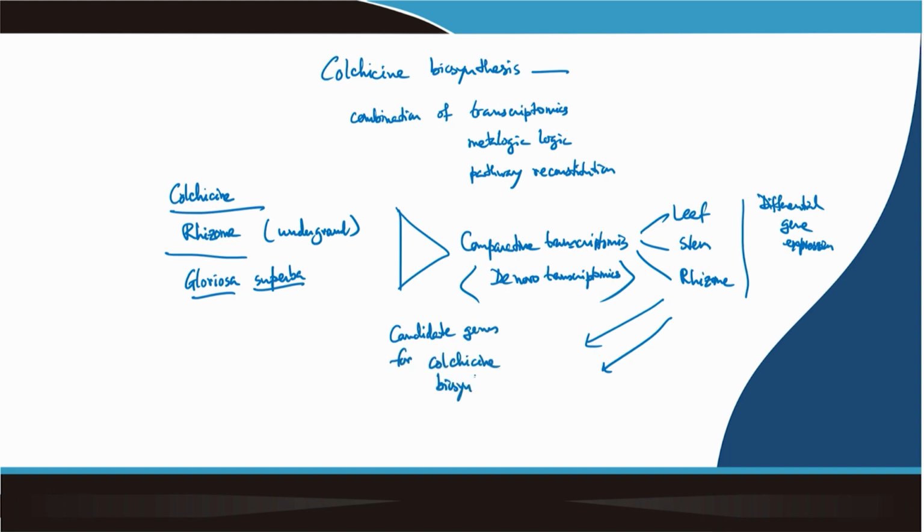The gene expression analysis will tell you, particularly as the rhizome is the accumulating part, that when you analyze the differential gene expression in rhizome, you will be able to find several transcripts which are not present in the other parts. Once these transcripts are properly analyzed, an idea can be generated of the potential genes or enzymes responsible for the pathway.